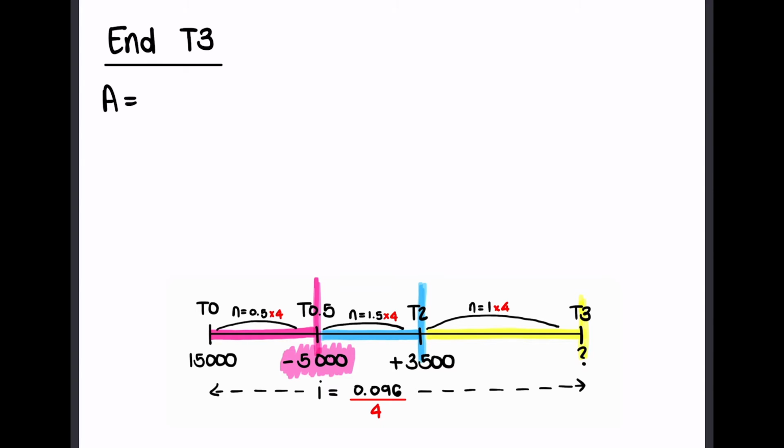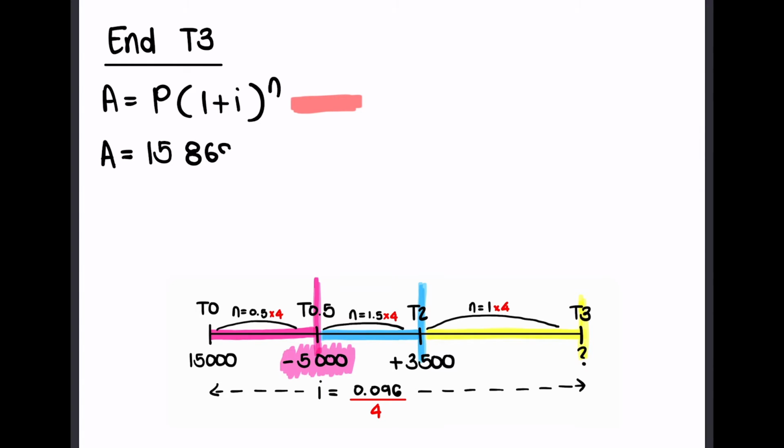So, A is equal to P into 1 plus I raised to the power of N. Over here, you can see there's nothing being added or withdrawn. So now A is equal to, I'm going to use my previous P value, which is 15,869.27977 into 1 plus, the interest stays the same, 0.096.